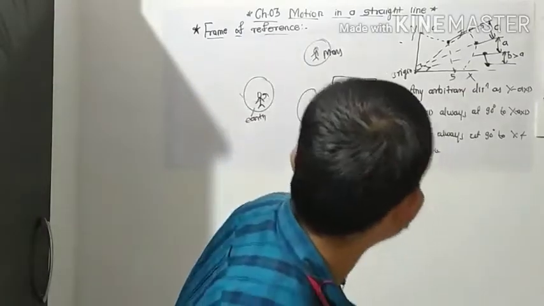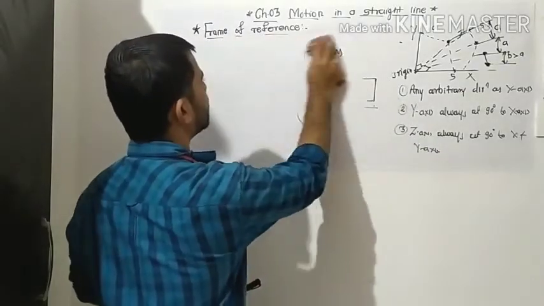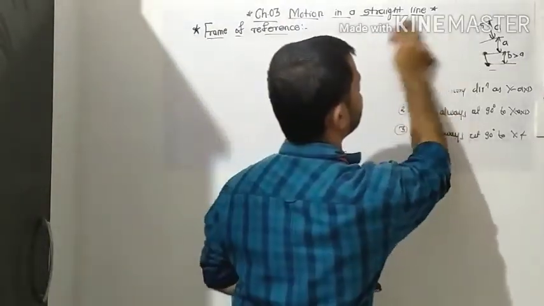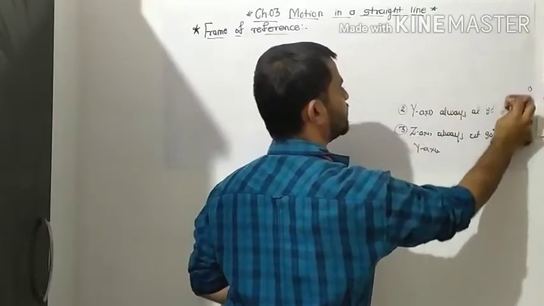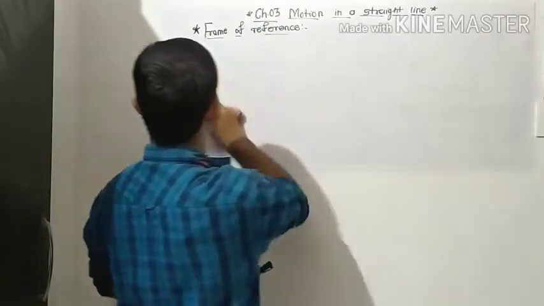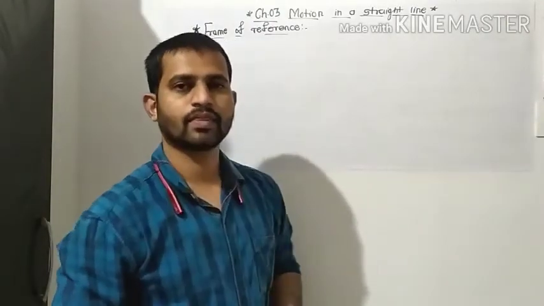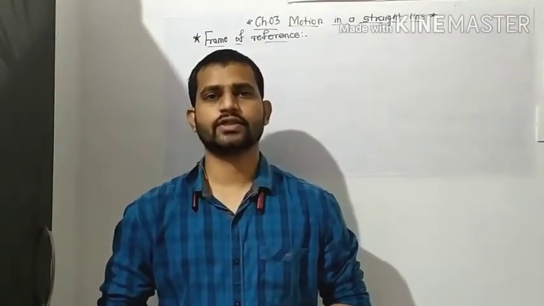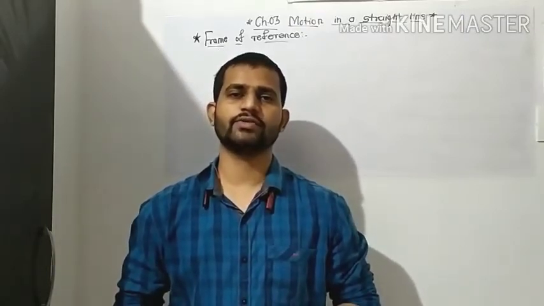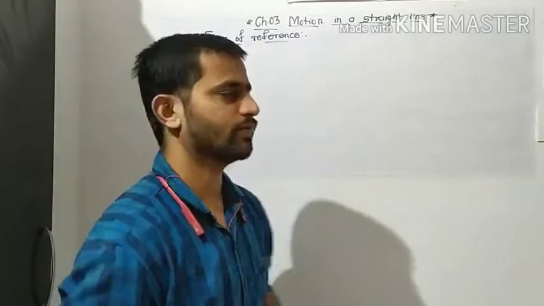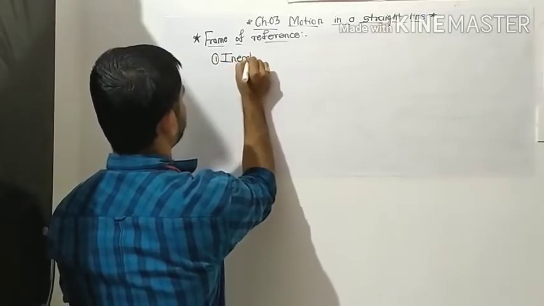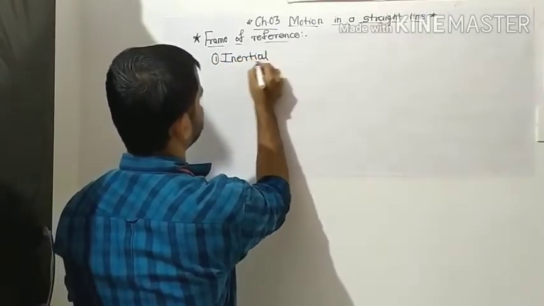What is the difference between the inertial frame of reference and the non-inertial frame of reference? According to the laws of physics, the frame of reference is divided into these two types. So what is the inertial frame of reference?